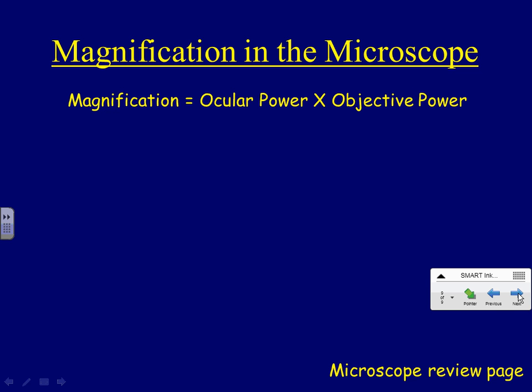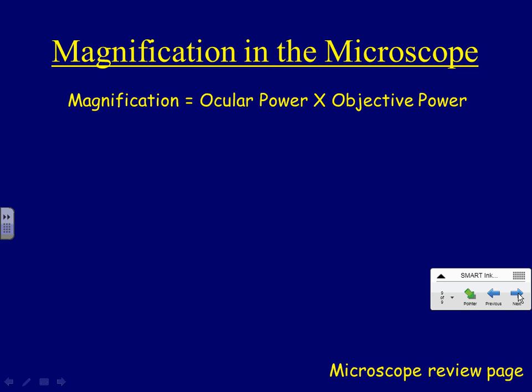Now, we've talked about magnification already, and we had a magnification equation to calculate the magnification of a lens, which depended on where the object was and where the image was, right? Remember we had those nice equations, magnification, negative di over do, or hi over ho, right?